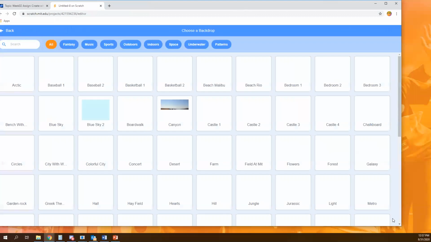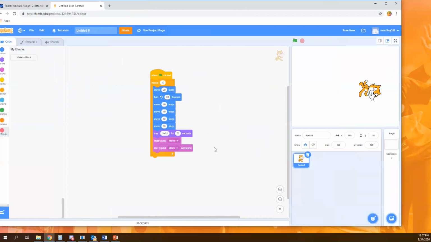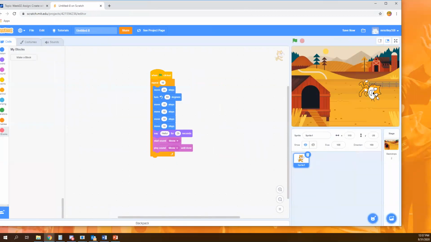So you can choose one that's already been preloaded, or you could add your own backgrounds. So here, I'll make it a farm. Now my cat's walking around in the farm, saying hello every once in a while, and he'll randomly spit out that awful meow. So there is my Scratch game.